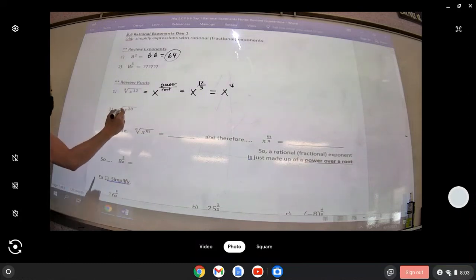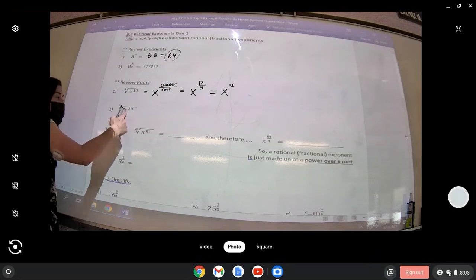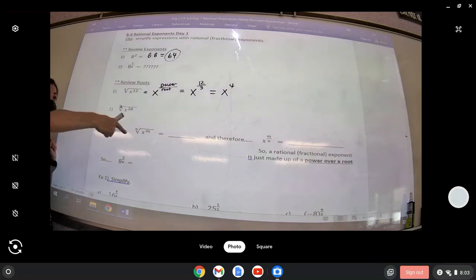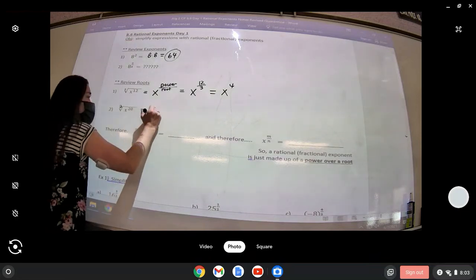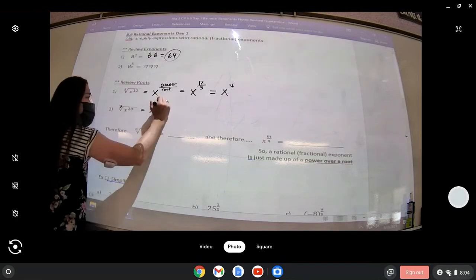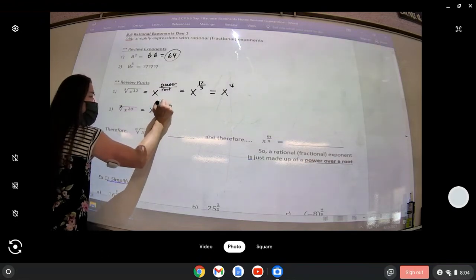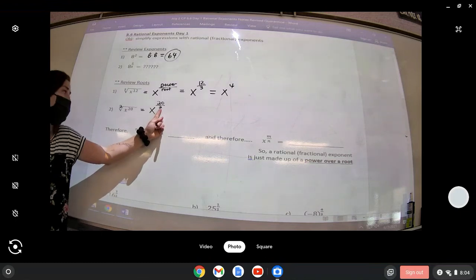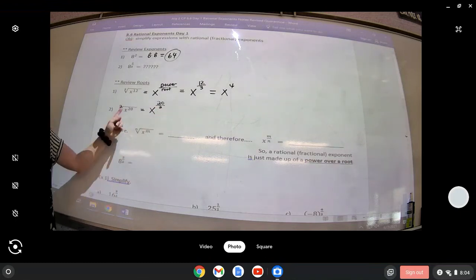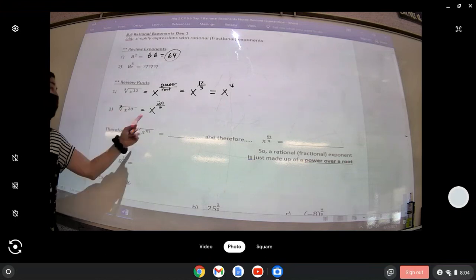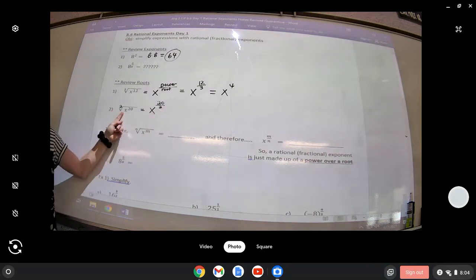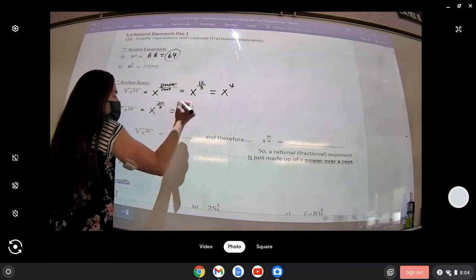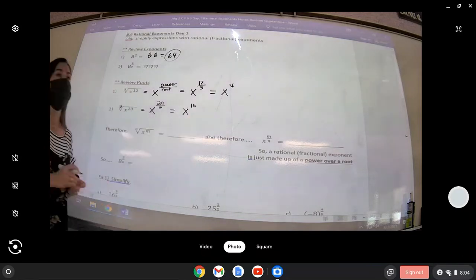All right, x to the 20th, the square root of x to the 20th. We had to figure out how many x squareds we could make from x to the 20th. So we made this x to the power 20 divided by a root of 2. Again, a fractional exponent is literally made up of a power and a root, and we're going to be able to take this and turn it back into the power and the root. And then we were able to simplify this to x to the 10th.